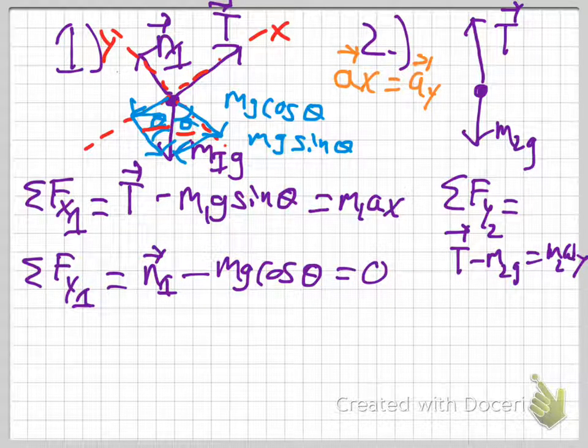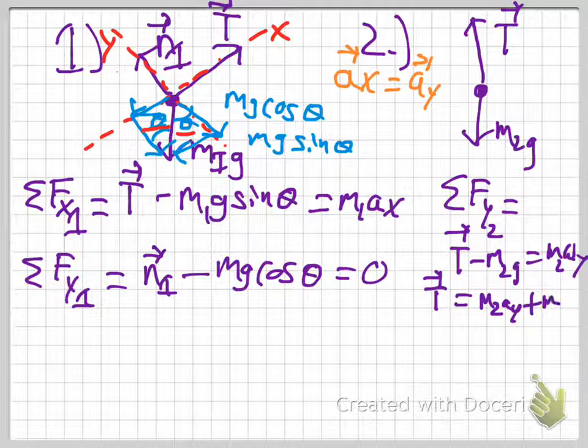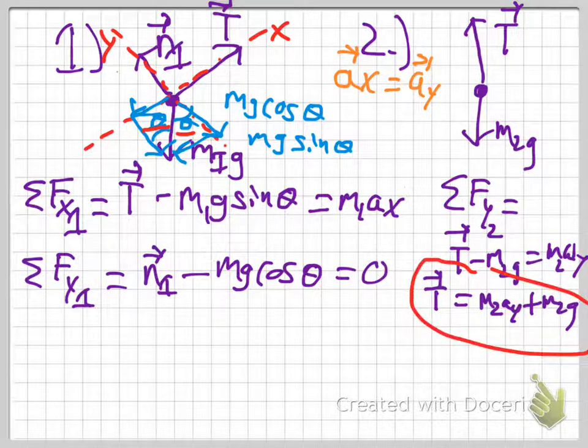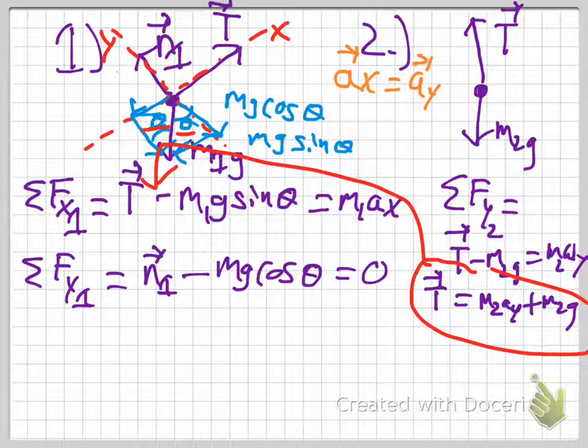Normal force is usually really helpful for friction. So you could do it the other way, but I'm going to say tension is m2ay plus m2g, and I'm going to put this substitution right here. I'm going to do that on the next slide.